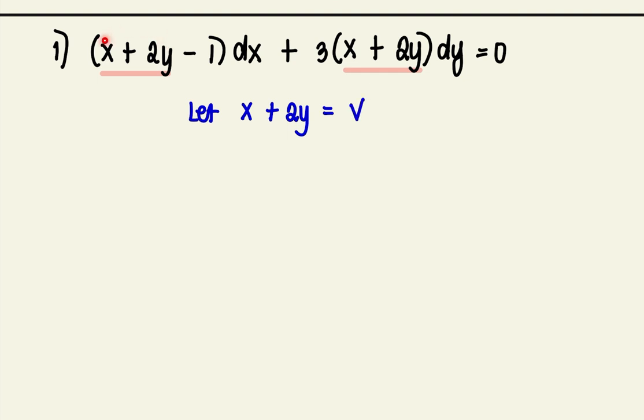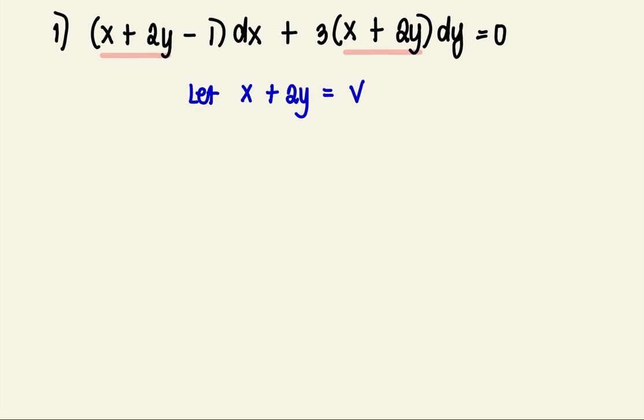When you replace the expression x plus 2y with the variable v, remember that you also have to express one of the differentials, dx and dy, in terms of the other two differentials, because we are going to find the differential of this expression, just like what we did in integral calculus. So this is dx plus 2 dy equals dv.